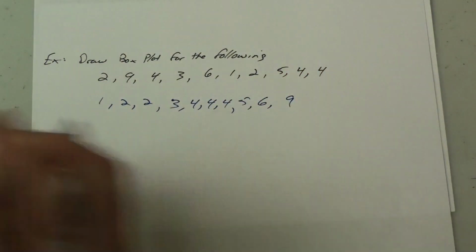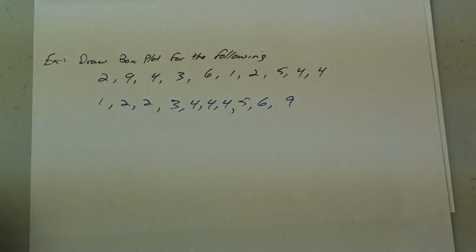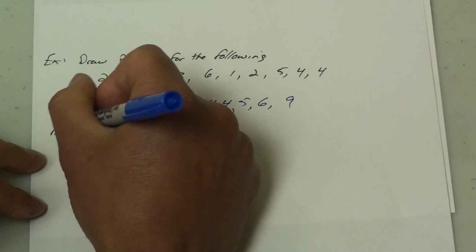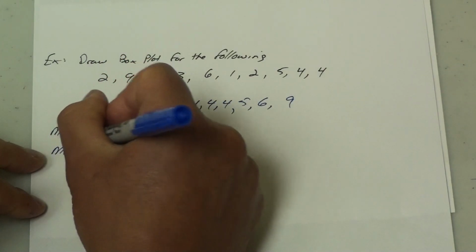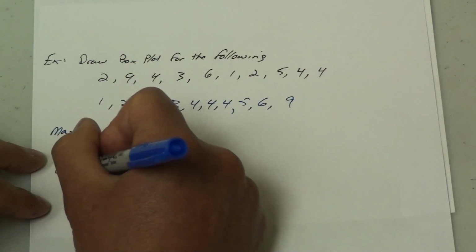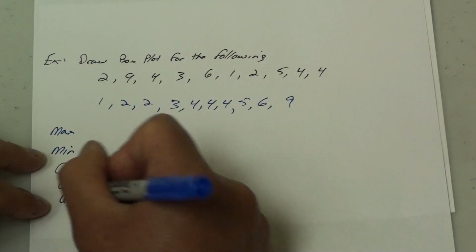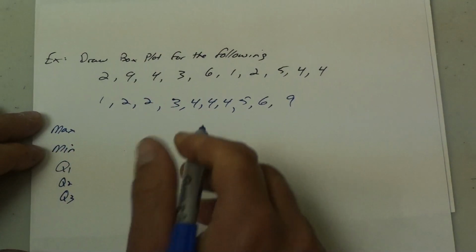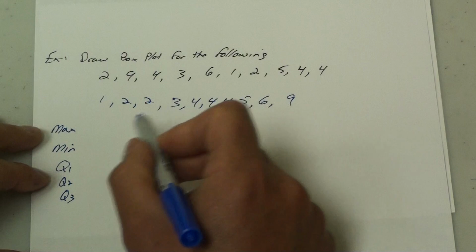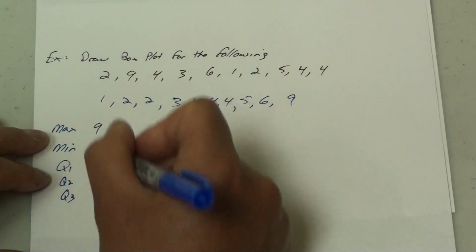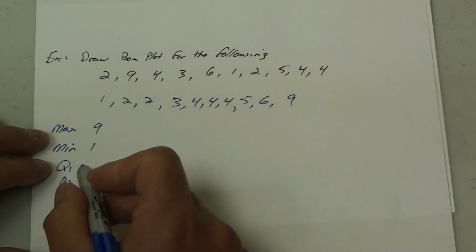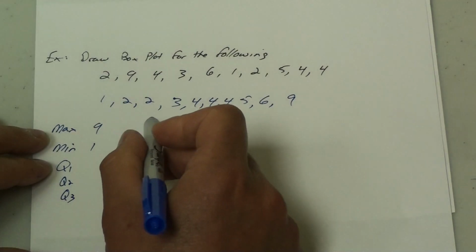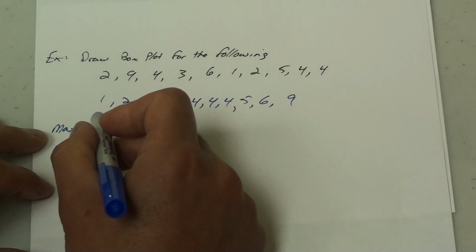Now these numbers are relatively all close together, so it doesn't look like I have any outliers. But let's start. I need my max, my min, my Q1, Q2, and Q3. My maximum was 9 and my minimum was 1. So I need to figure out Q1, Q2, Q3, so let's split it up here.